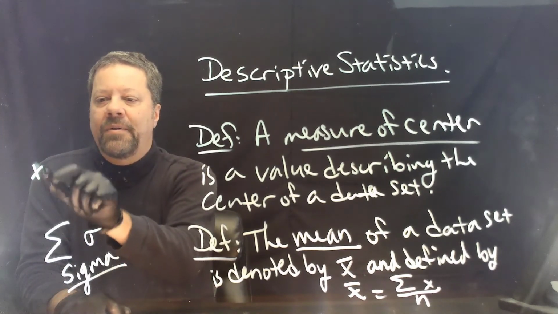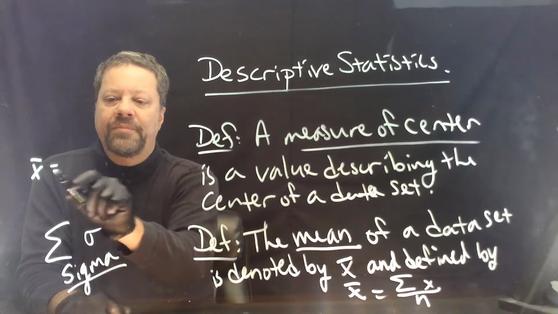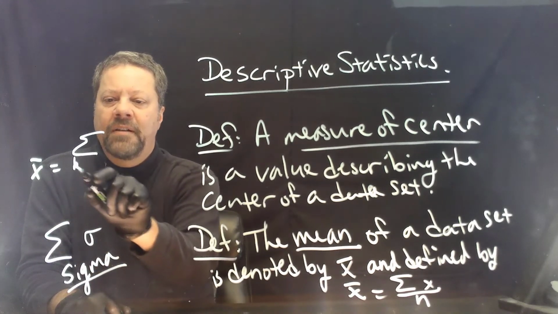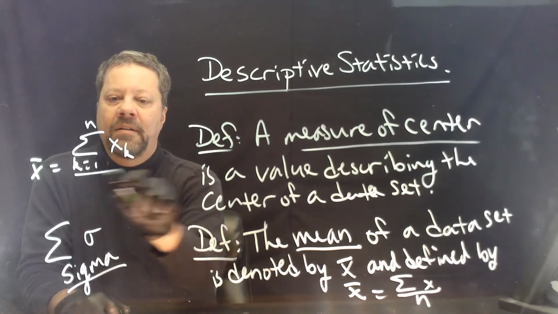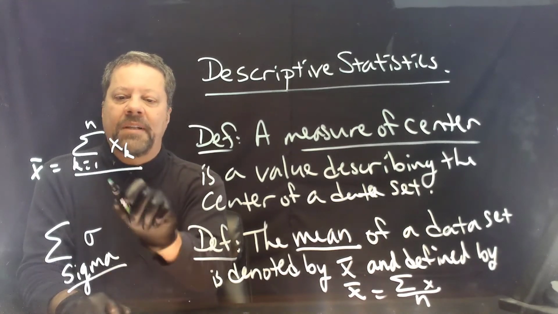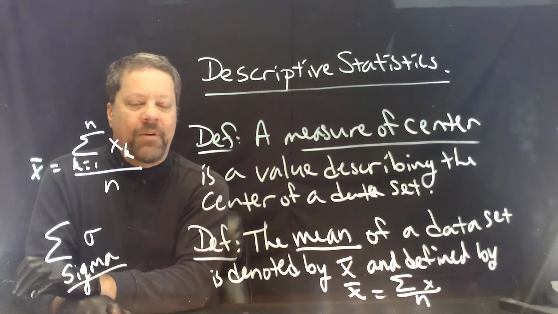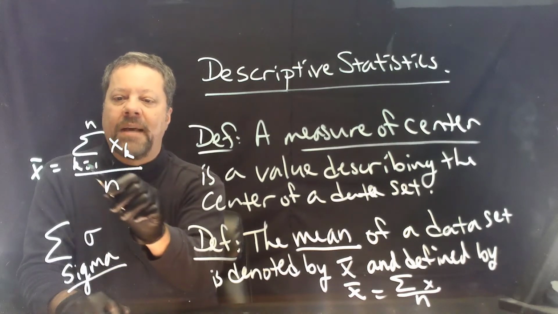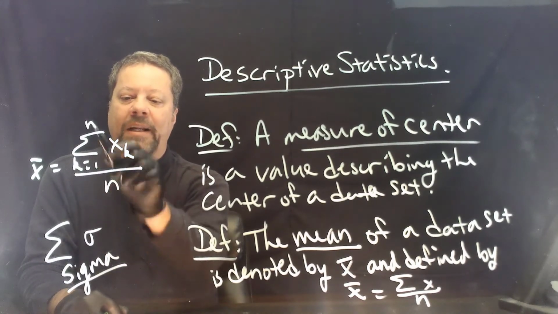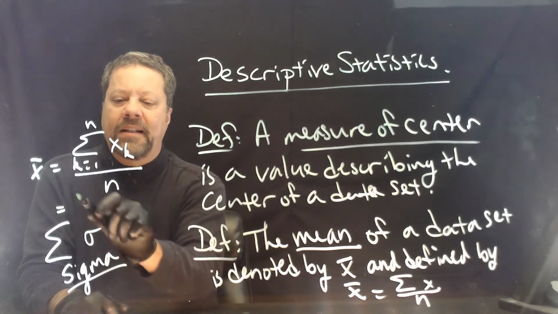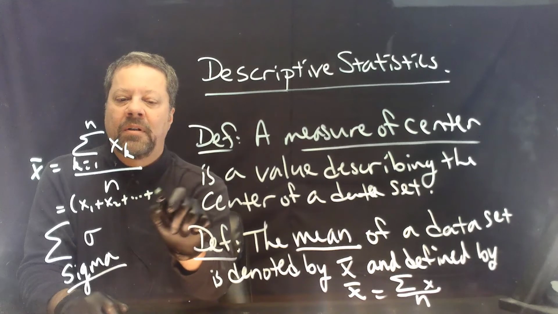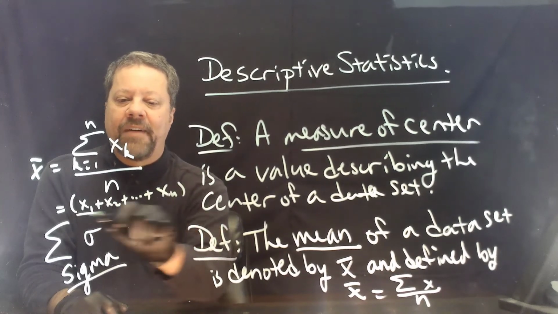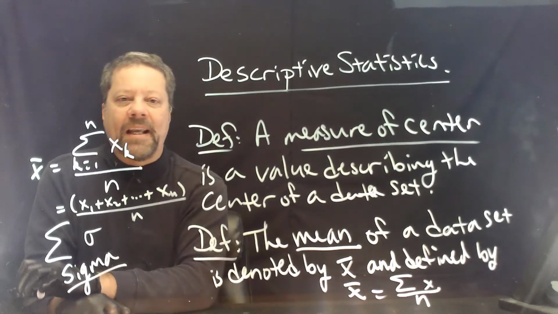For those of you who know a little bit more, we often enumerate these data values, giving them a subscript, and we divide by how many we've added. This is the sum, as the index k ranges from 1 to n. It basically represents x1 plus x2 all the way out to xn divided by how many you've added.